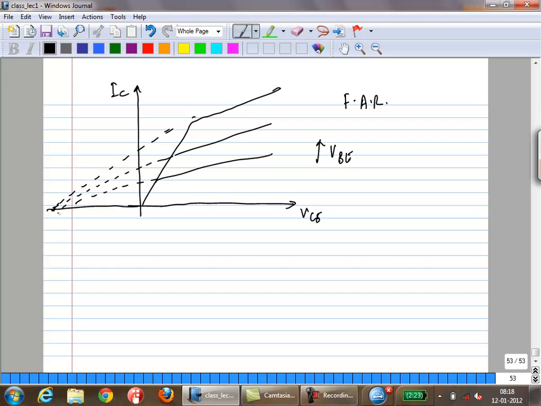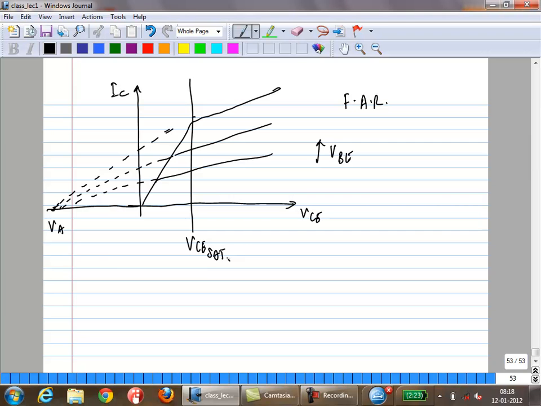What is this? The early voltage, VA. So the collector current in the forward active region, first of all, I've actually drawn it with too large a slope.